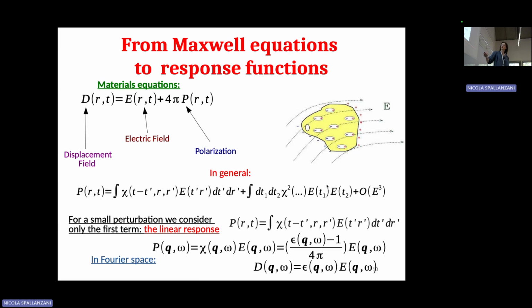So we have chi times E, which is this kind of relation from the material equations, and the displacement field is epsilon times E, where epsilon is the dielectric function, which in general is a complex quantity, and moreover, it can be a tensor, so that the displacement field may have a different orientation with respect to the electric field.